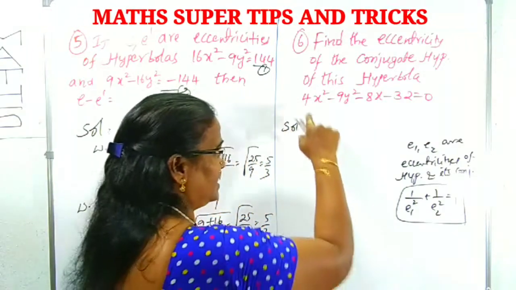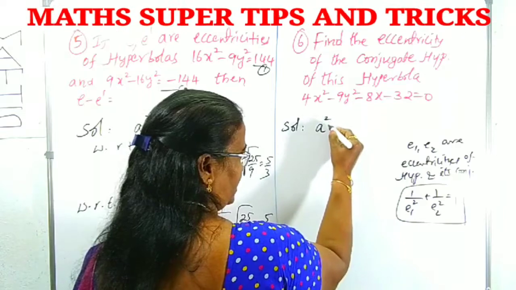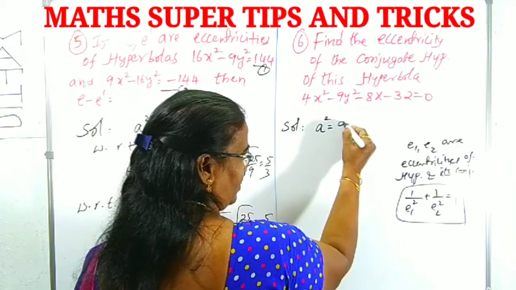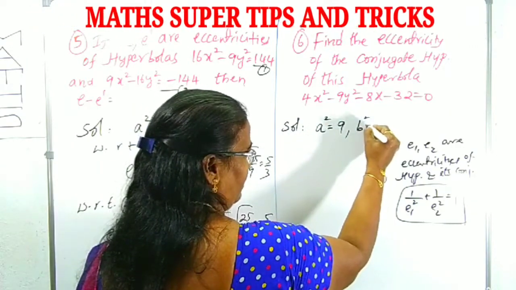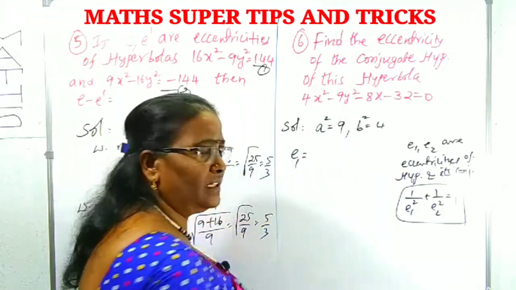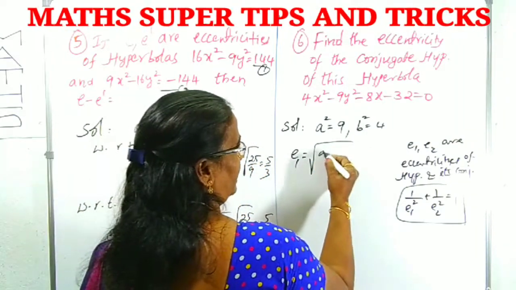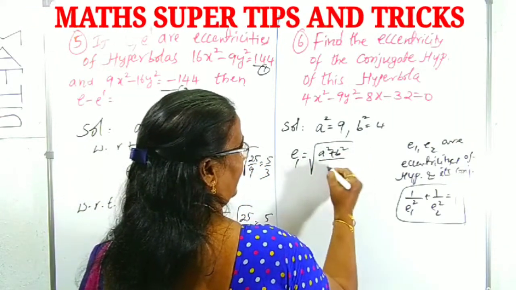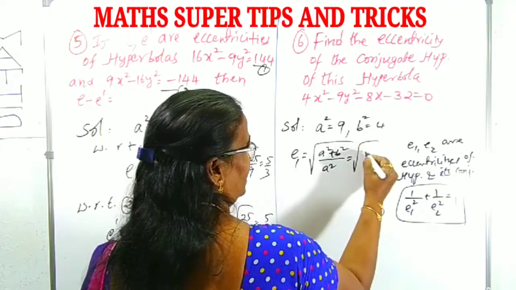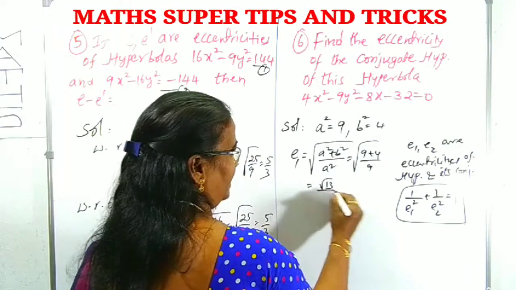We can interchange the x square, y square coefficients. Take A square as the y square coefficient, which is 9, and B square is 4. What is the eccentricity of this hyperbola? It is root over A square plus B square by A square, right? Root over 9 plus 4 by 9, that is root 13 by 3.